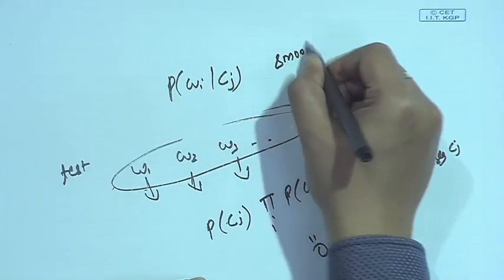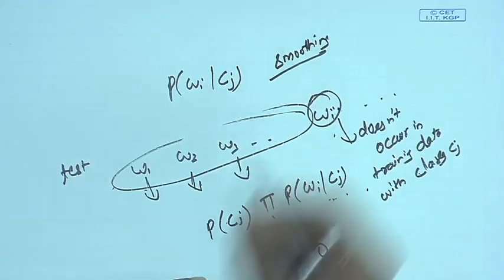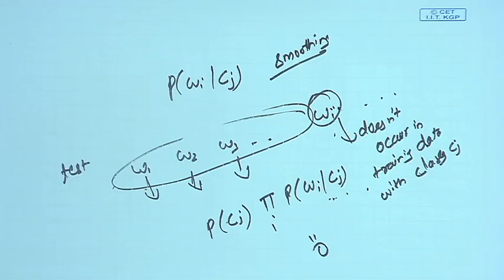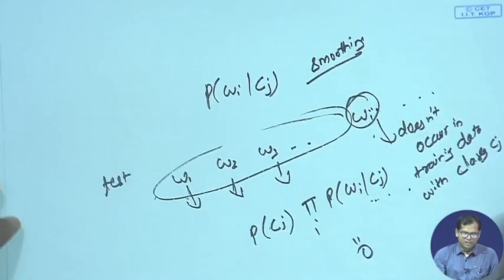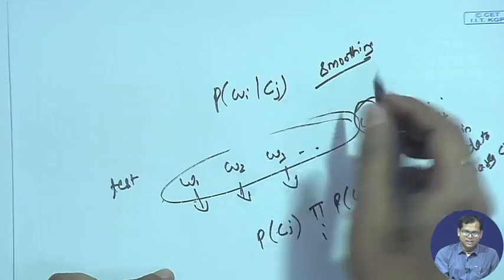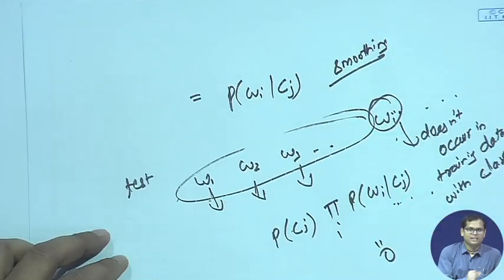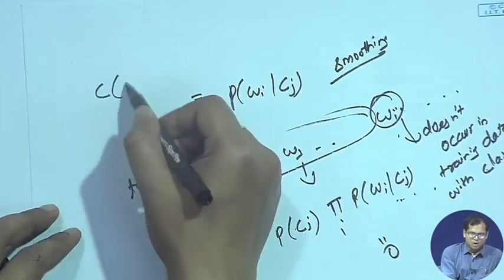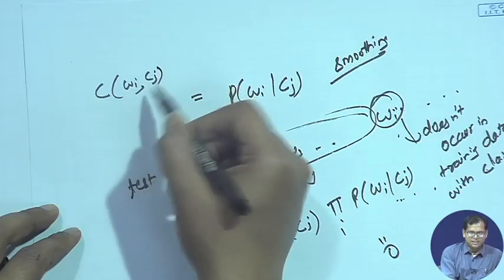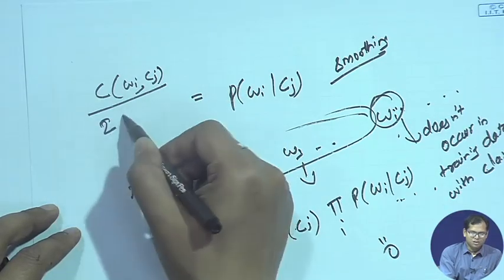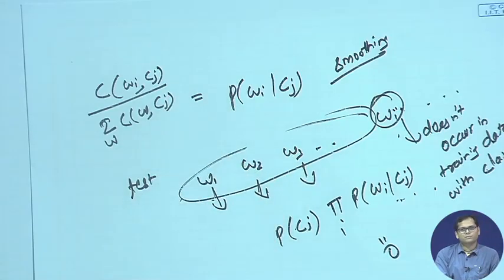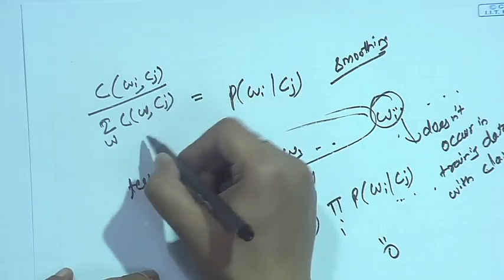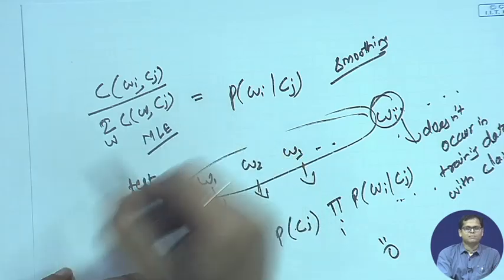So we use smoothing to get these probabilities. How do I use smoothing? Right now the probability of wi given cj is computed as the count of word wi in class cj divided by the summation of counts of any word w in class cj over all words. That is the MLE, the maximum likelihood estimate.